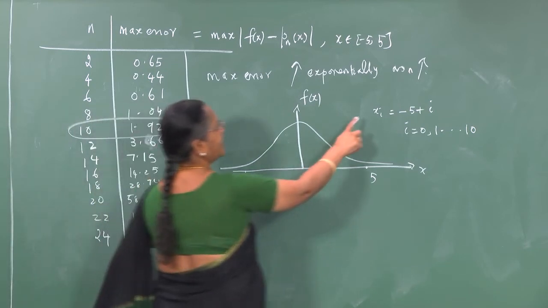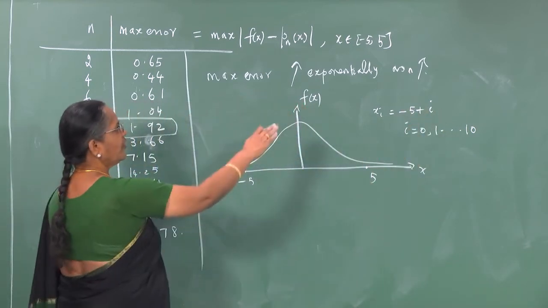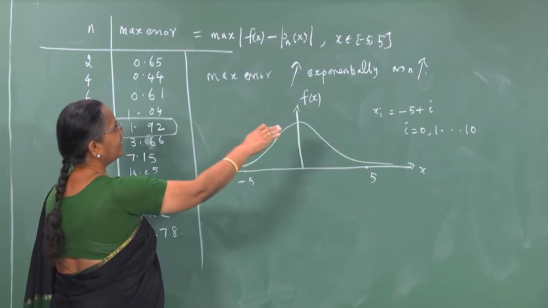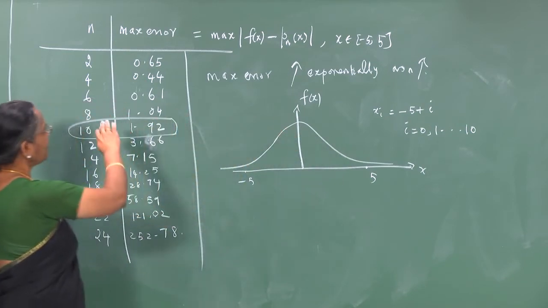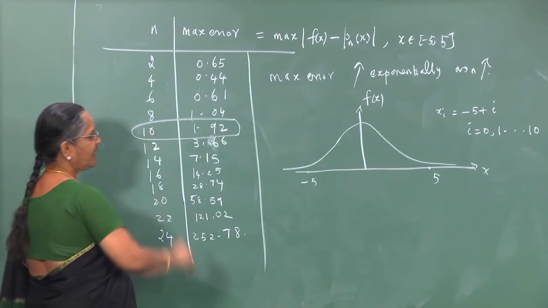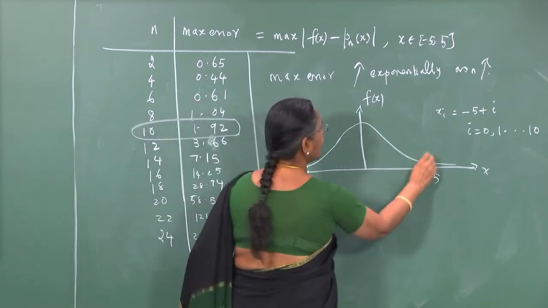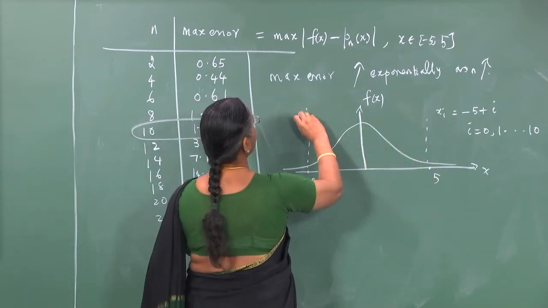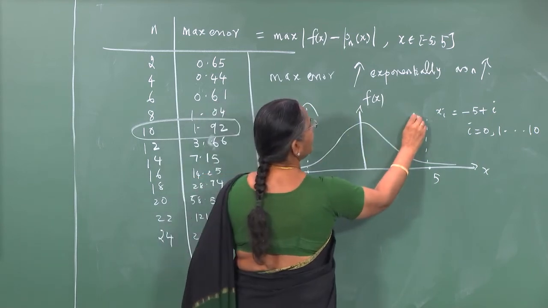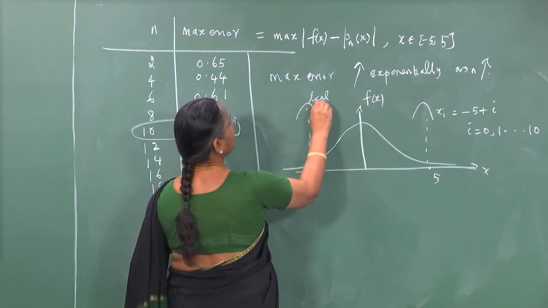So, x_i runs between -5 and +5. There are 11 points. Using these 11 points, he approximated the function by a polynomial of degree 10, and he observed that at x equal to +5 and -5, the polynomial has a local maximum.